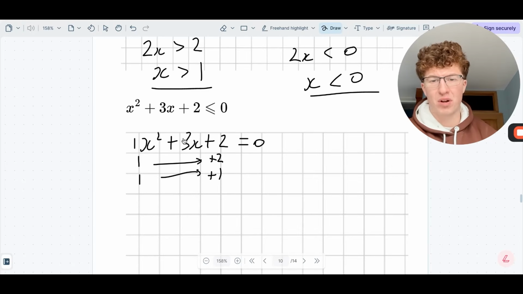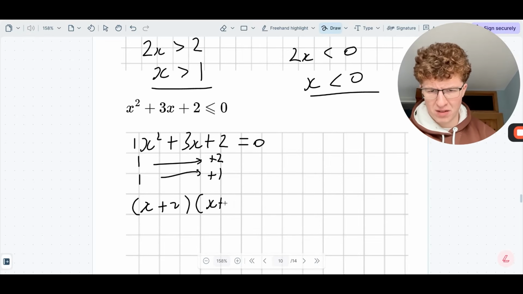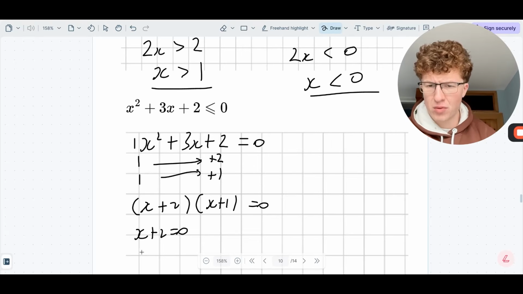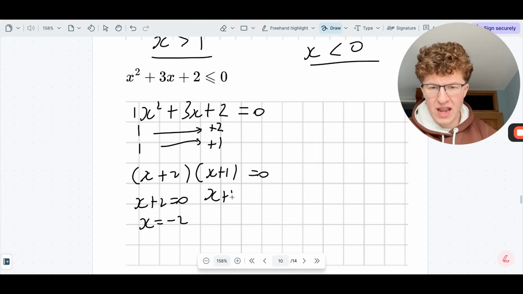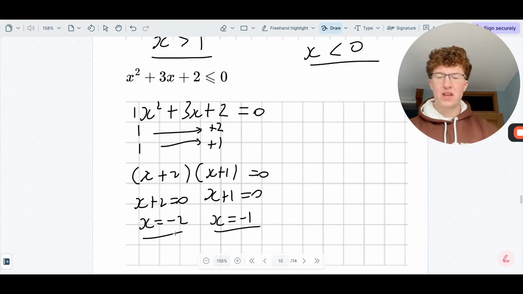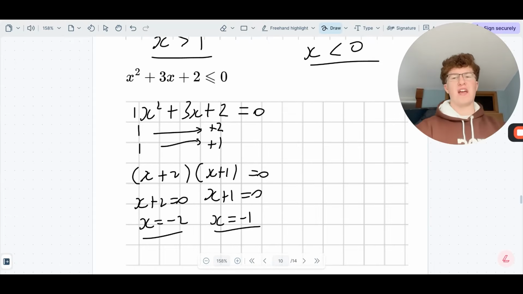If we add them, we're going to get 3, and when we multiply them, we'll get positive 2. So we have x plus 2 times x plus 1 is equal to 0. So x plus 2 equals 0 gives us x equals minus 2, and x plus 1 equals 0 gives x equals minus 1. So we just got the roots of that quadratic.